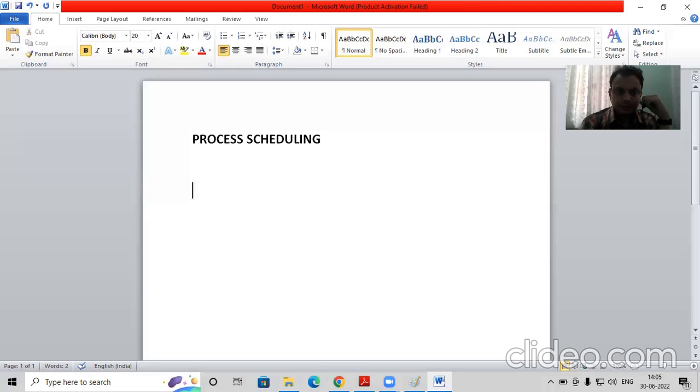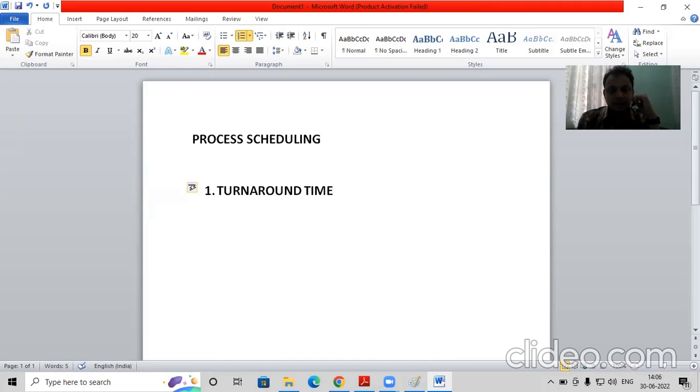For example, the first term is turnaround time. What is the meaning of turnaround time? Turnaround time means the time between when a process is given to the processor and when the processor gives the output by executing that process.